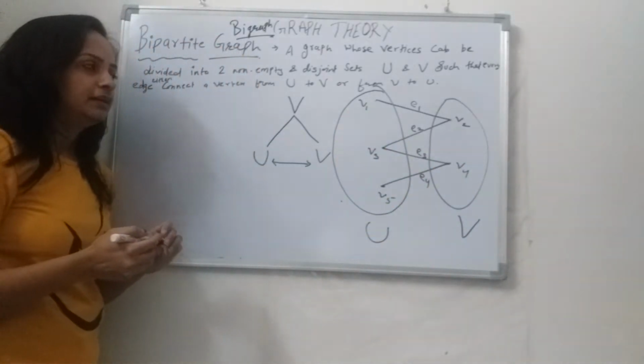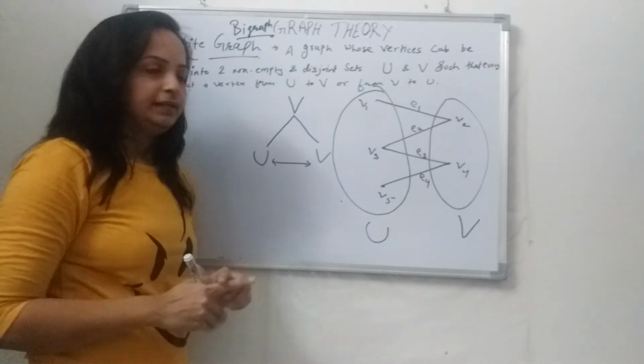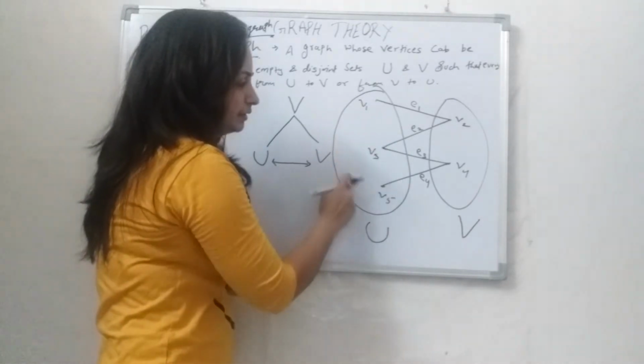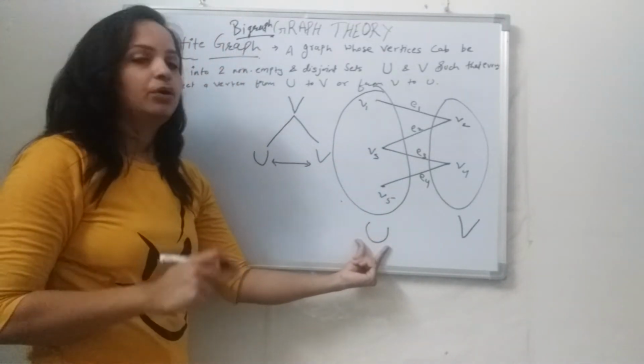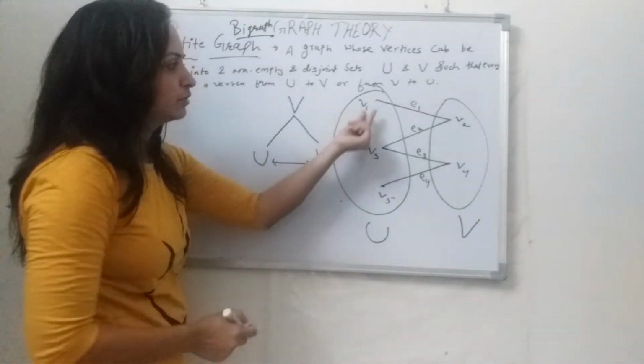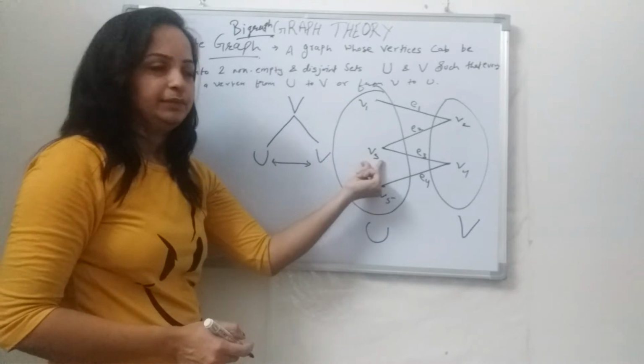But we can look at the definition in another way also. There should not be any edge connecting these vertices. I mean, the vertices in the same set should not be connected. That means there should be no edge between V1 and V3.